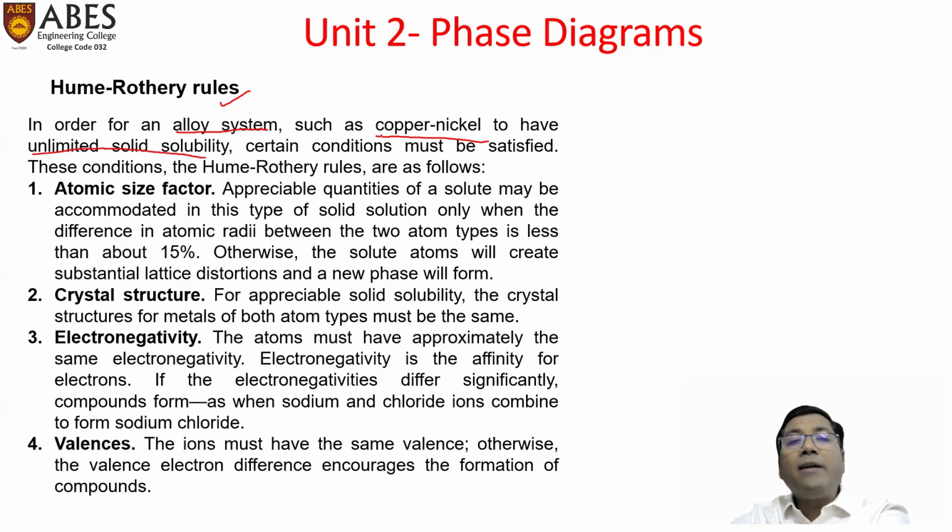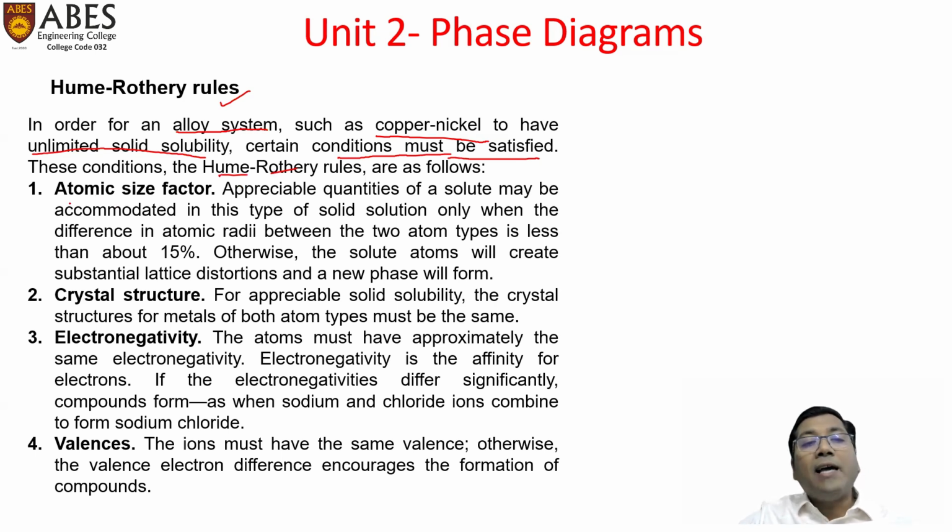We know that copper and nickel alloy has unlimited solid solubility, but it is due to certain conditions that are satisfied in the case of copper and nickel. And if these conditions are satisfied for any two element combination of alloy, then it would have unlimited solid solubility.